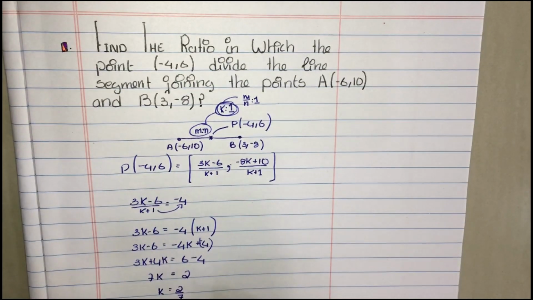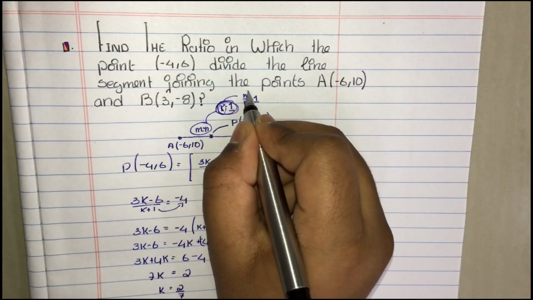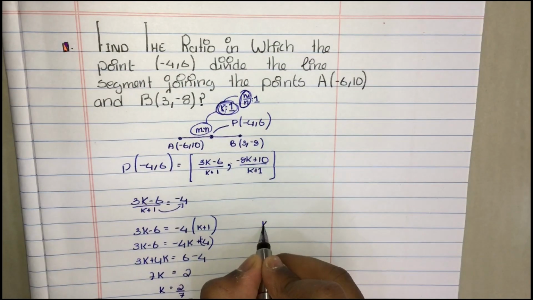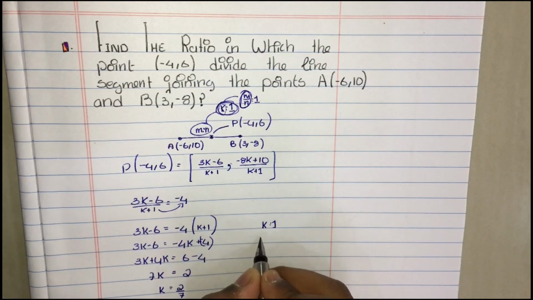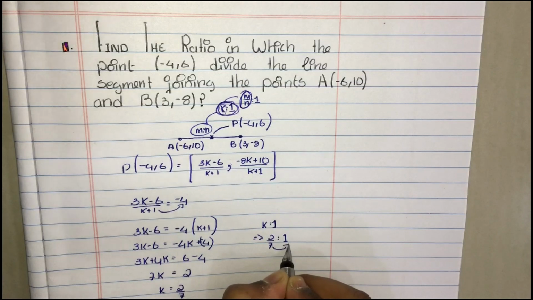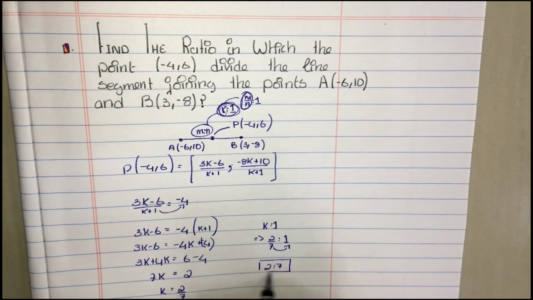As I have told, if k is a fraction, then k is of the form m by n. So k is to 1, which is 2 by 7 is to 1. Now I'll bring this side, so 2:7 is the ratio.